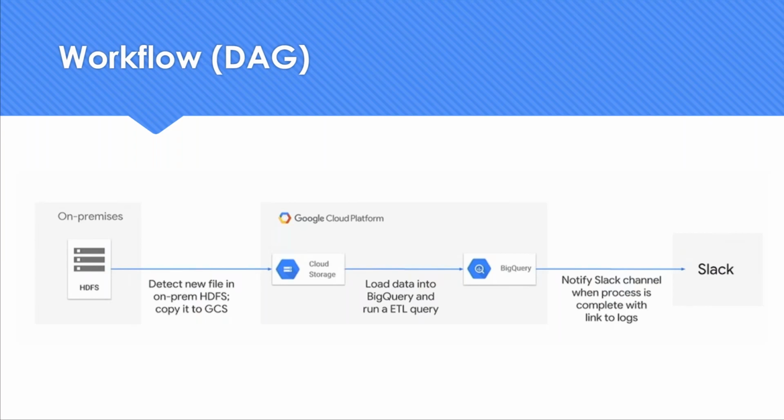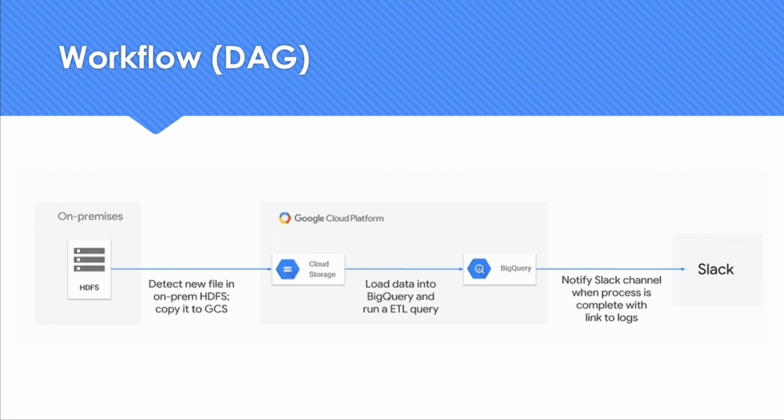In on-premise, you have some Hadoop jobs running, then that data needs to be transferred to Google Cloud Storage and later to BigQuery. And this has to happen at a specific time.